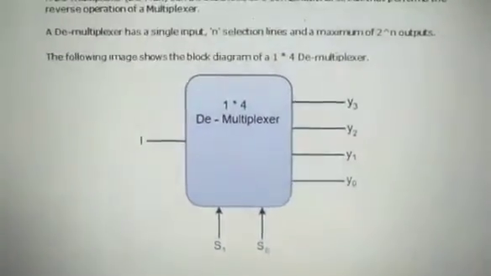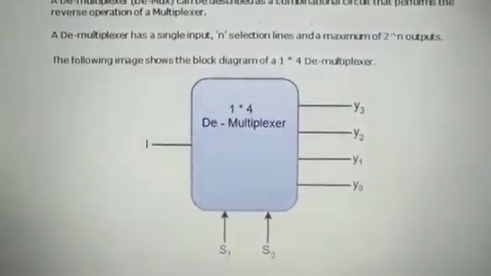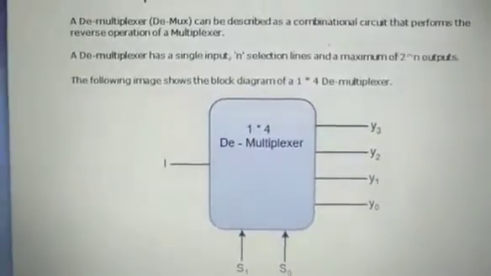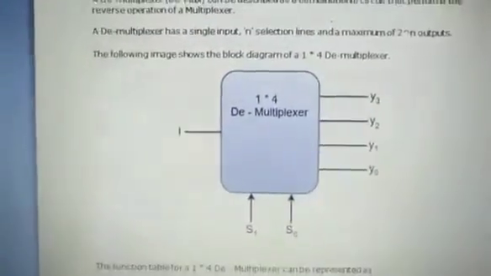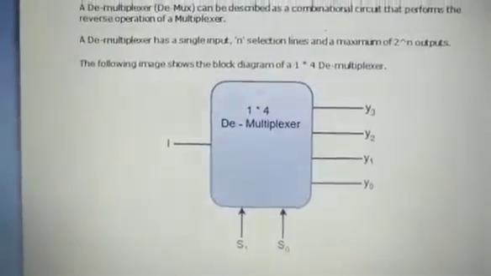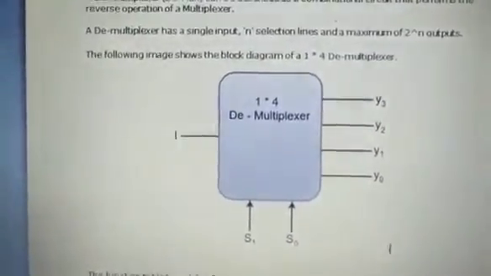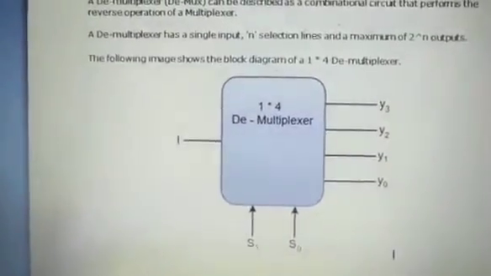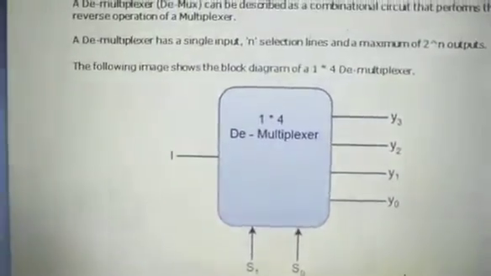Using this block diagram we try to identify a few things. First, a demultiplexer is a logical circuit that receives information on a single input and transmits the same information over several output lines.